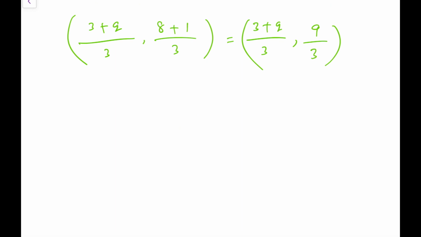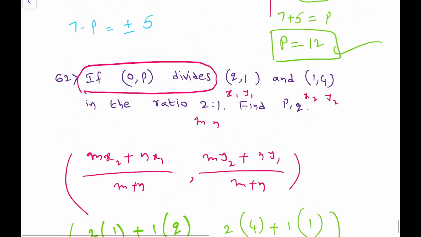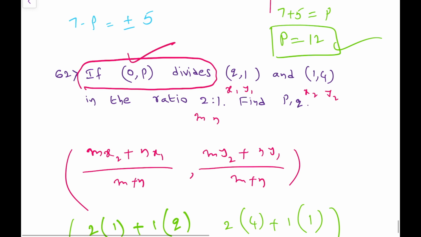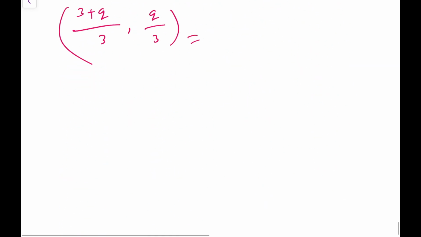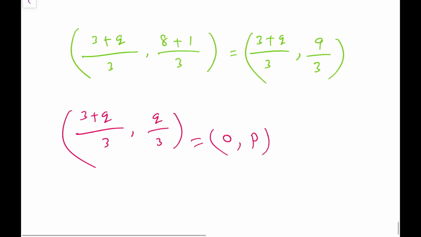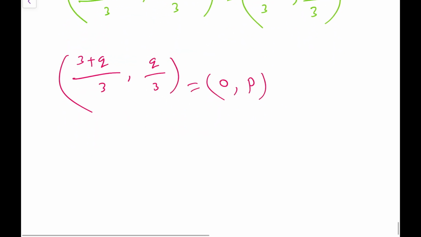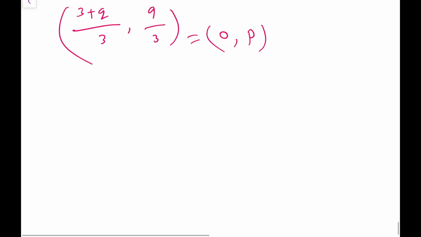Now this 3 plus q divided by 3 comma 9 by 3 is equals to, already in the question itself he gave that 0 comma p is the point p. So make it equals to 0 comma p. Oh sorry, this is 9, right? Not q, this was 9. Now make x coordinate equals to x coordinate and y coordinate equals to y coordinate.